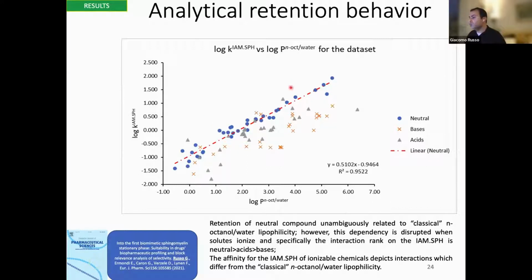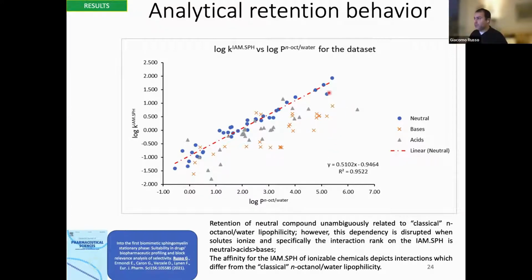So first of all, what we did, we measured the retention of a pool of neutral compounds, bases and acids, and we could see that a good relationship was visible between the retention of neutral compounds and their lipophilicity measured in the normal octanol-water partitioning system. This is really similar, identical to what happens with the IAM.PC.MG and DD2.